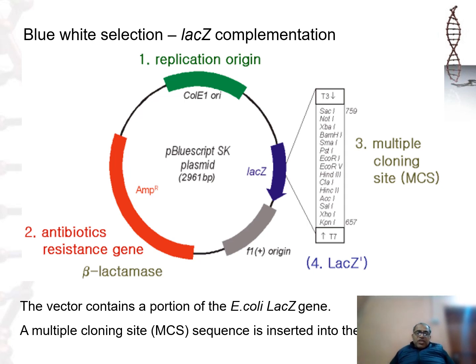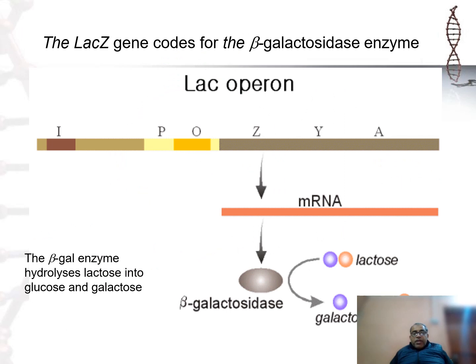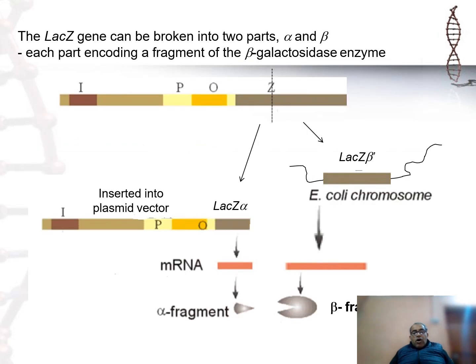Then blue-white selection, in which we use the LacZ gene that is responsible for coding the beta galactosidase enzyme. Now, what does beta galactosidase do? It converts lactose into galactose and glucose.